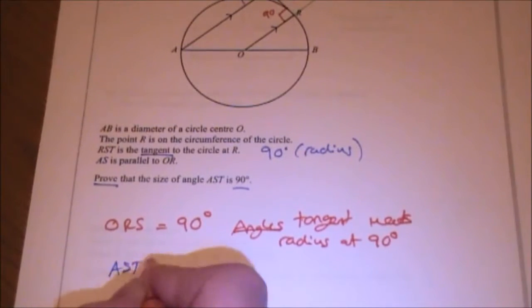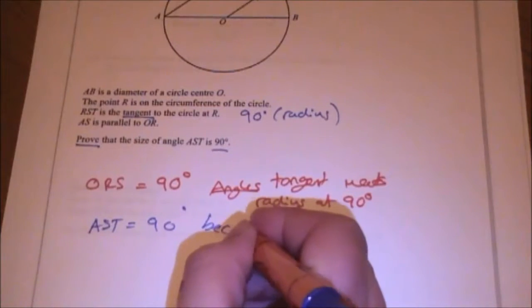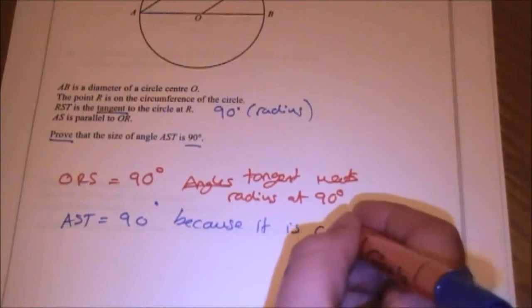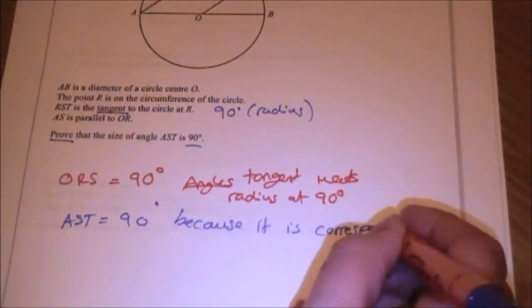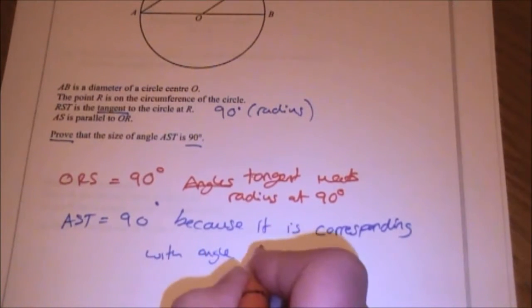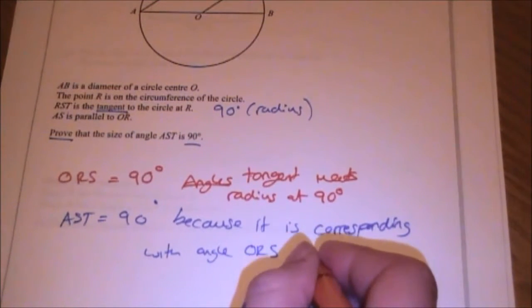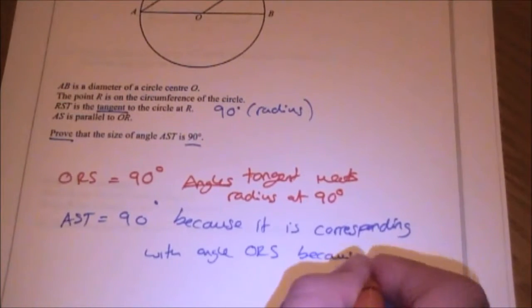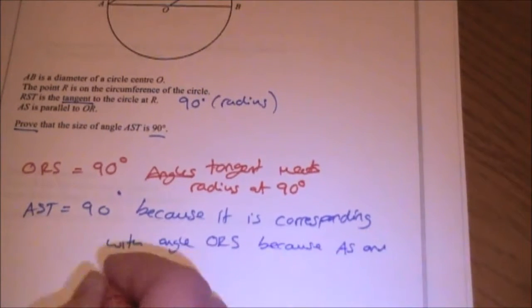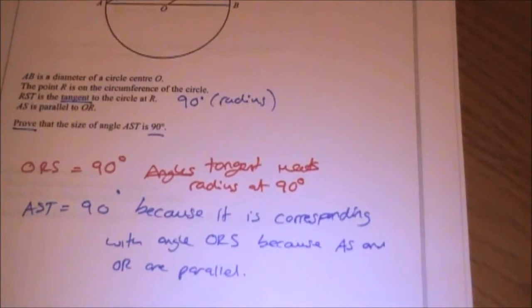So angle AST equals 90 degrees because it is corresponding with angle ORS because AS and OR are parallel.